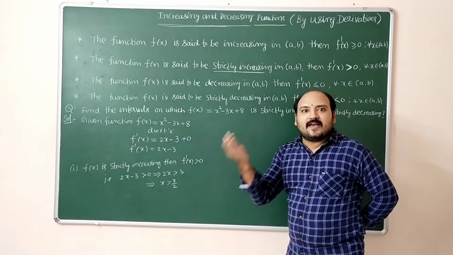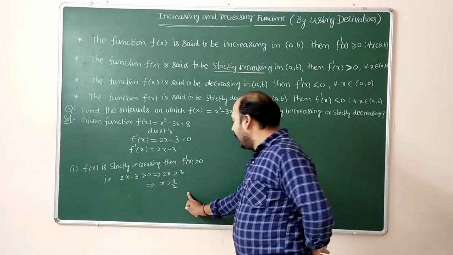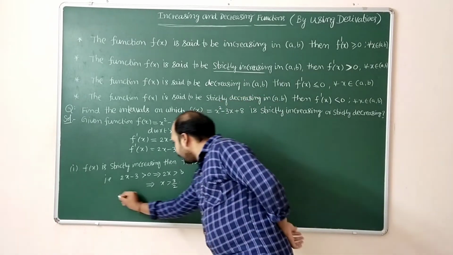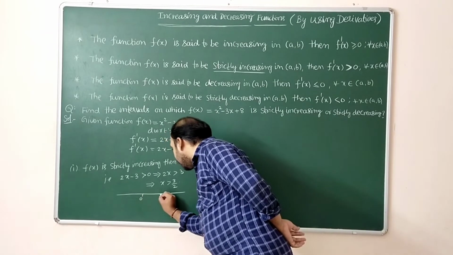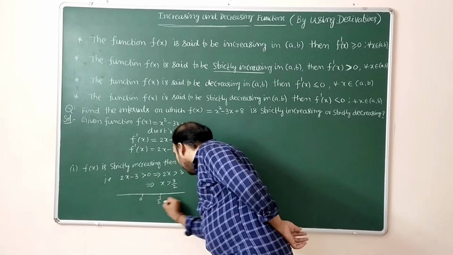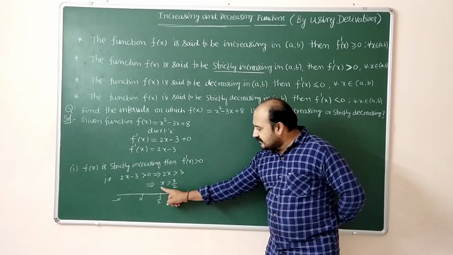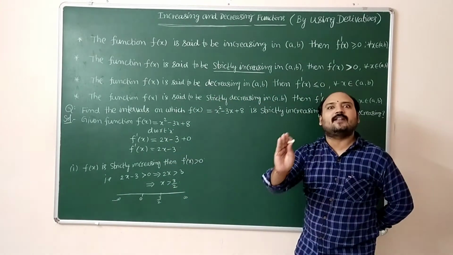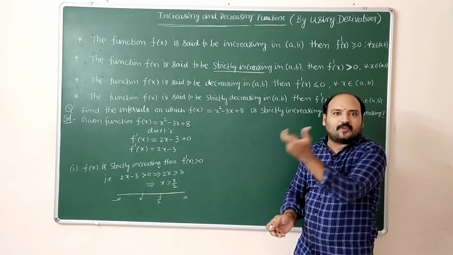We discussed in the earlier classes in functions, x is greater than a means, see here, this is the real number line, this is 0, this is 3 by 2, this is infinity, this is minus infinity. Whenever x is greater than a, the value of x belongs to open interval of a to infinity.